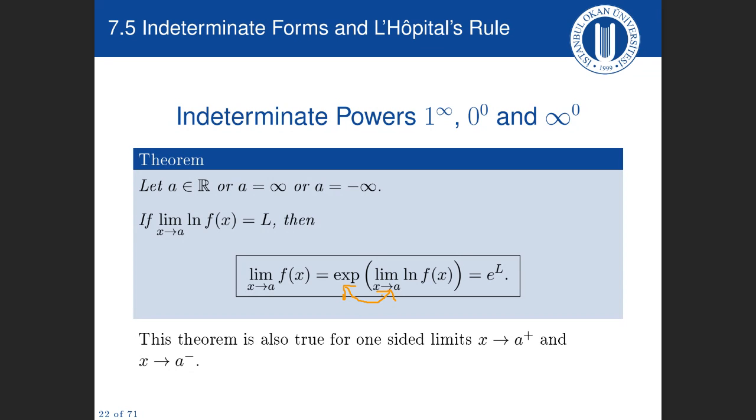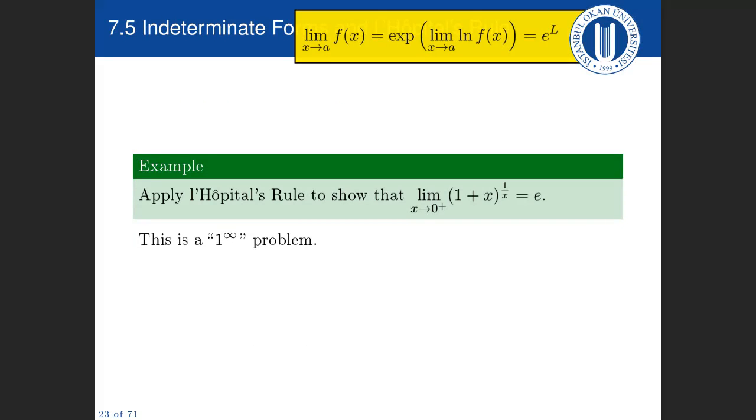But then after we've swapped those two things around, we have exponential of ln. Those are inverses of each other, so they will cancel out, and we just end up with limit of f. So that's why it works, and this theorem is also true for one-sided limits if we need it to be. Right. Here's the theorem in the yellow box at the top.